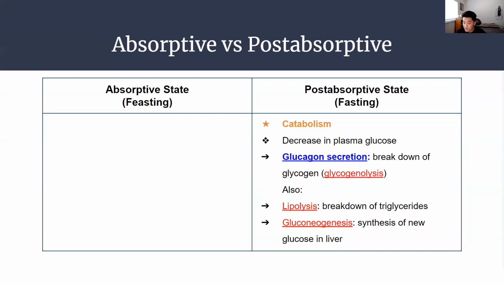Plasma concentration of glucose can also be maintained and increased through two other processes called lipolysis and gluconeogenesis. Right. So many of our tissue cells can use fatty acids for energy.